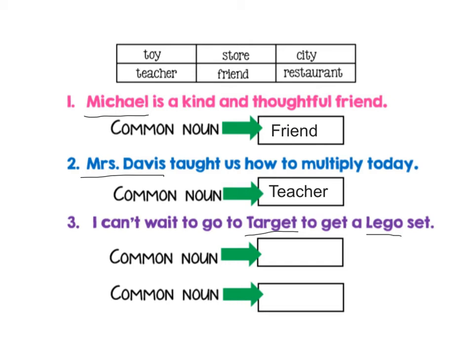The other proper noun was the word I. So now I need to think about what common noun the word Target is referring to and what common noun the word Lego is referring to. The common noun for Target is store, and the common noun for Lego is toy. So how did you do? Did you get all of them correct?